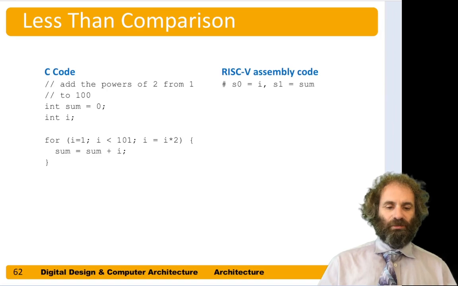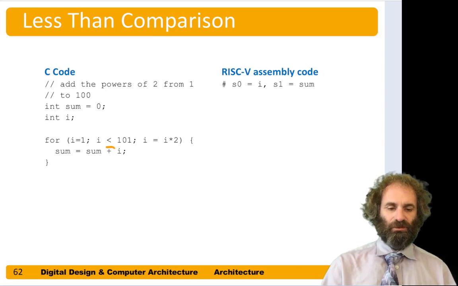Here's another example of a for loop. Let's say we wanted to add the powers of 2 from 1 to 100. And this time, let's use a less than comparison instead of a not equal, just for variety. So again, we'll initialize sum to 0 as an S1.